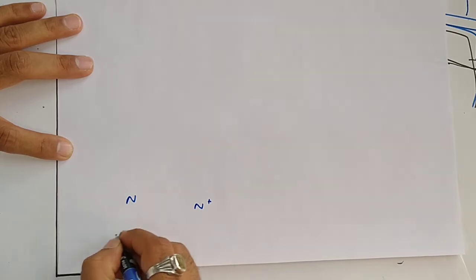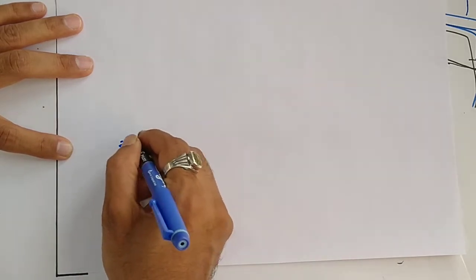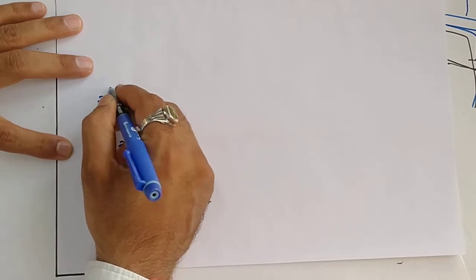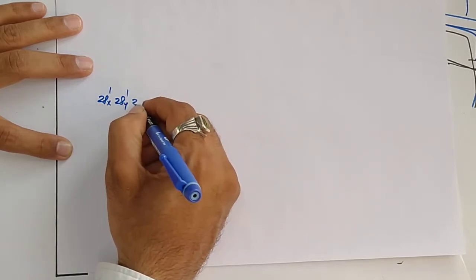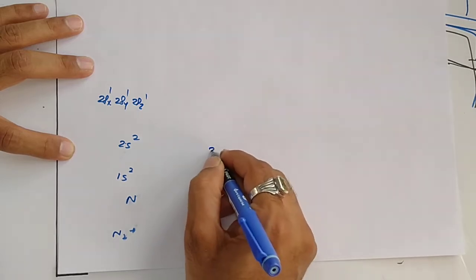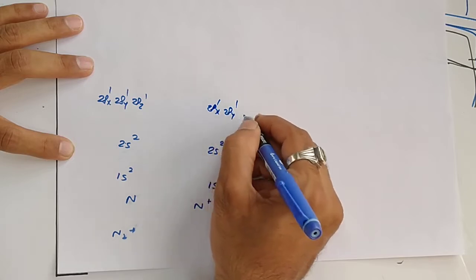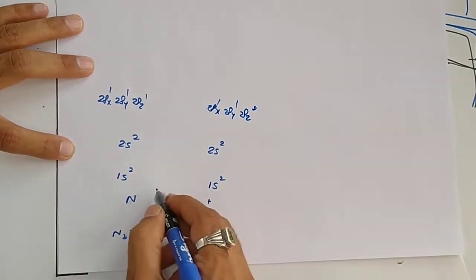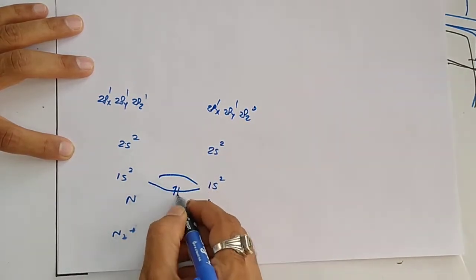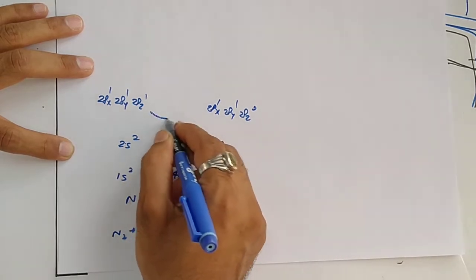N2 plus: one nitrogen 1s2, 2s2, 2px1, 2py1, 2pz1. Another nitrogen 1s2, 2s2, 2px1, 2py, 2pz0. 1, 2, 3, 4; 1, 2, 3, 4.